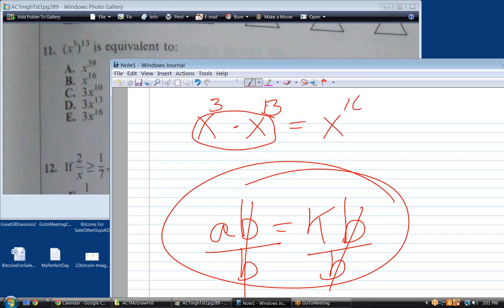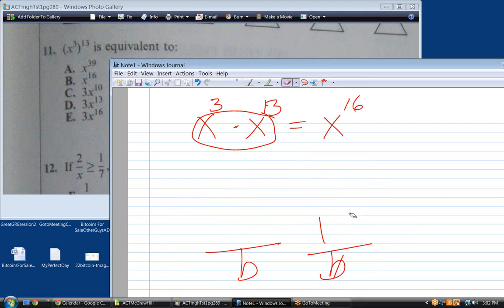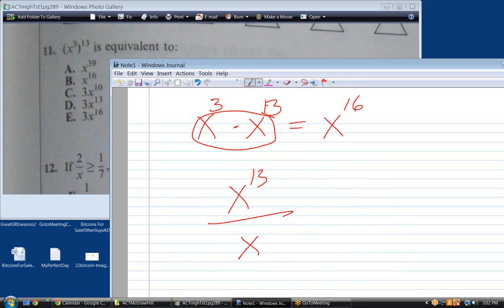You always do one level less than what's being done. If I'm doing division, I'm going to do subtraction. If I had x to the 13th divided by x to the 3rd, I'm going to subtract the exponents and get that.